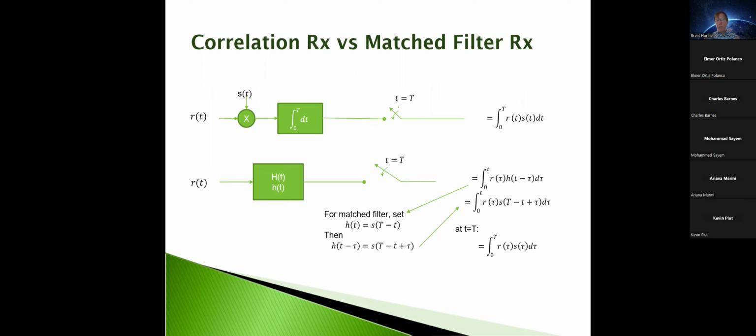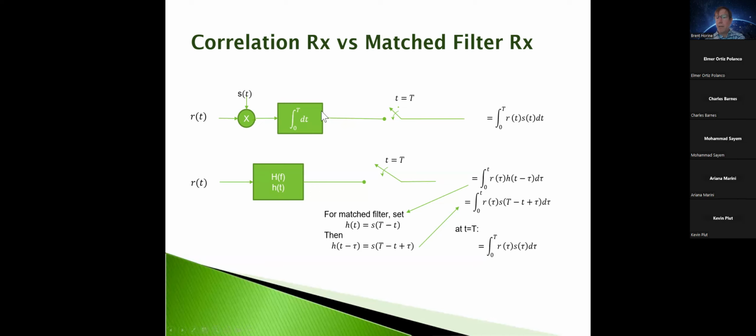So if we're going to integrate this, we're focused on this received signal relative to the symbol set that was sent, right? So we're going to integrate that from 0 to T, and then examine the results at the end of that period, right?